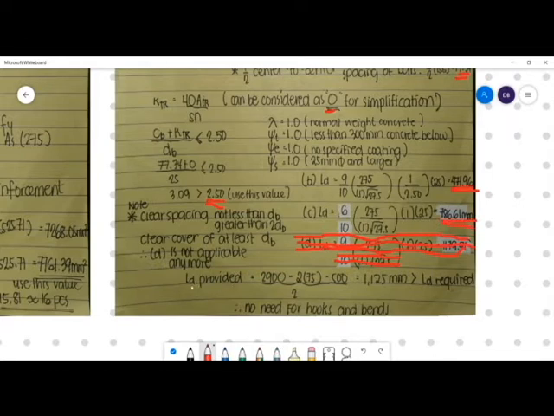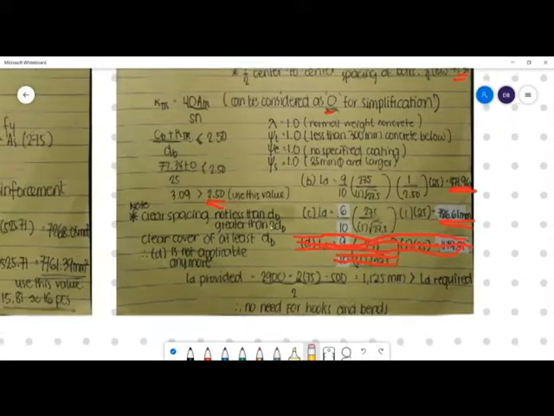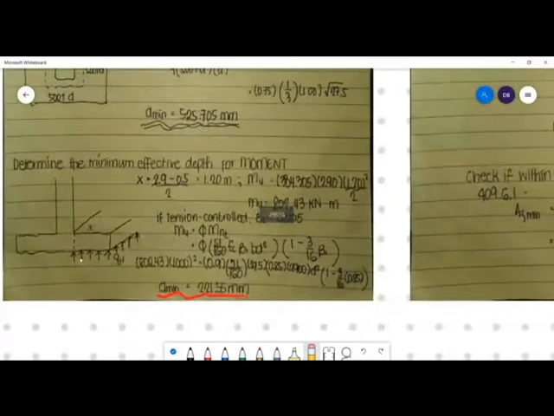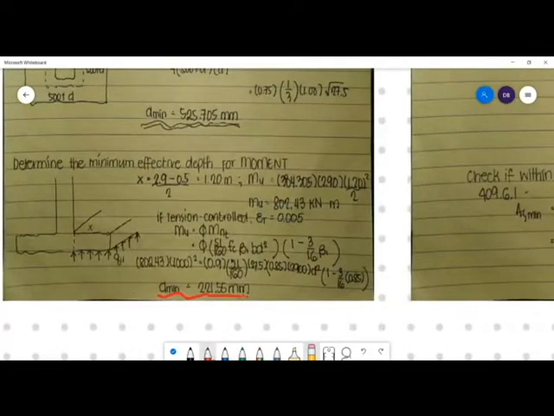And our provided development length, that is the length of bars that we use to satisfy the tension. Going back to the formula we used for the moment, we analyzed it as a beam, so this will be your development length.